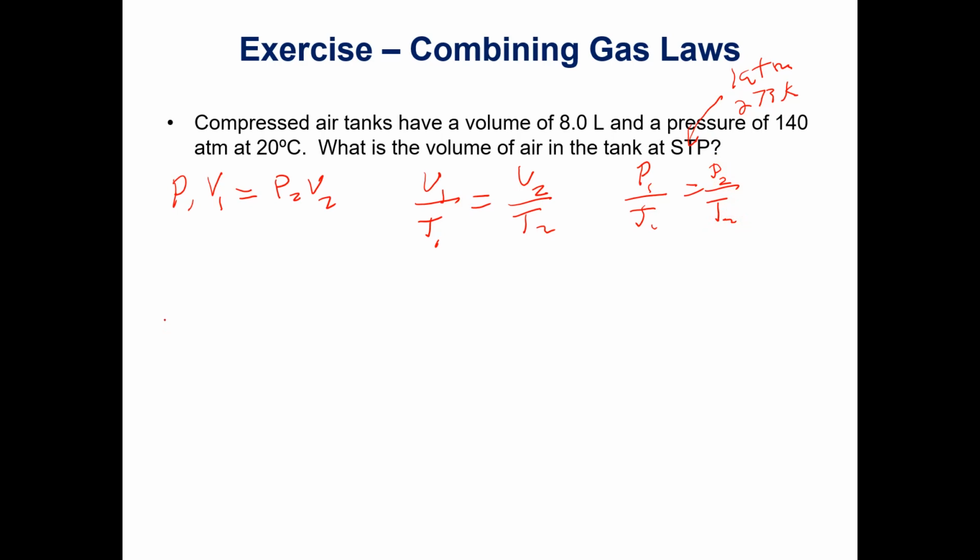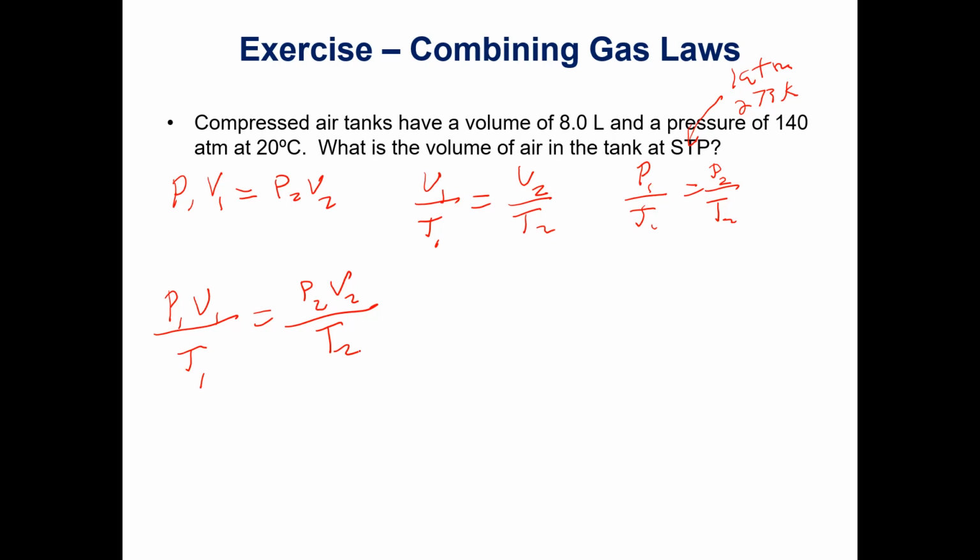So we can put all of that together to say P1V1 over T1 is equal to P2V2 over T2. And that gives us a combined gas law that we can use to calculate an unknown volume here.